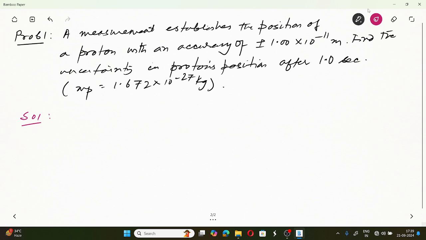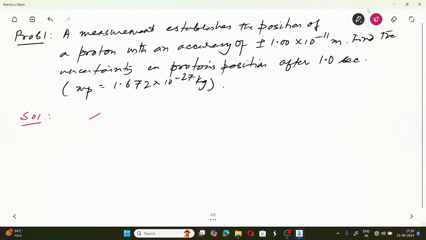A measurement establishes the position of a proton with an accuracy of this. Find the uncertainty in the proton's position after 1 second.